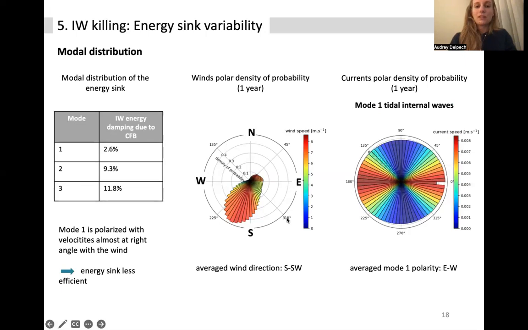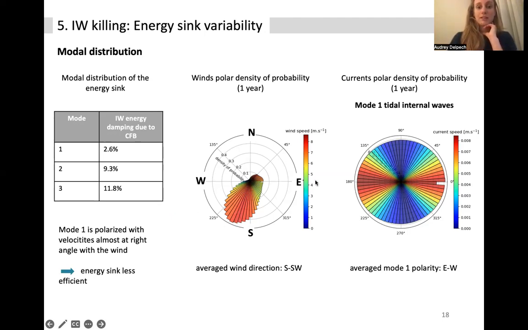And again, we've looked at the yearly wind statistics. The angle of the wind direction is represented as the angle on this chart, and the probability density is the radius of this bar chart.